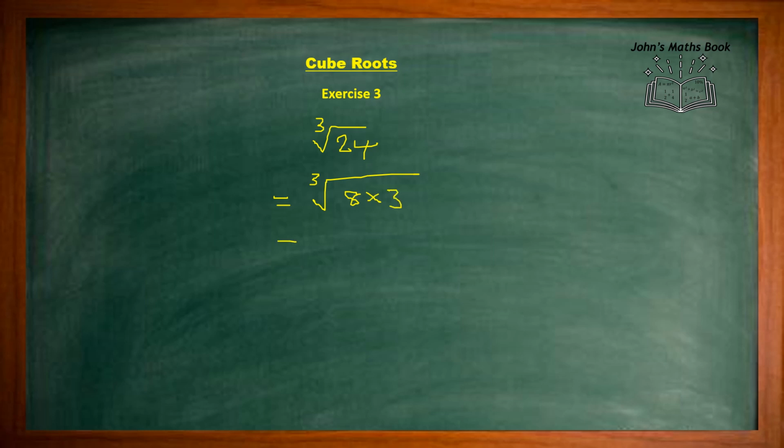This can be written as the cube root of 8 times the cube root of 3. Now 8 is a perfect cube, and we know that the cube root of 8 is 2. So that makes 2 times the cube root of 3. So that's finally written as 2 cube root 3.